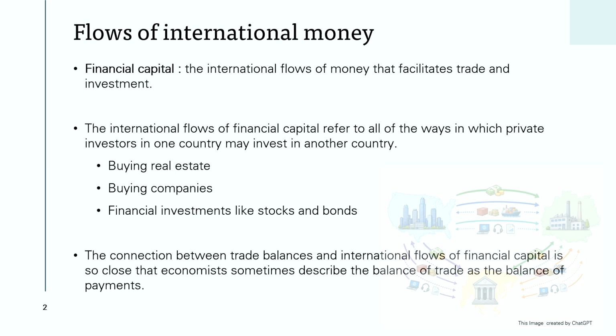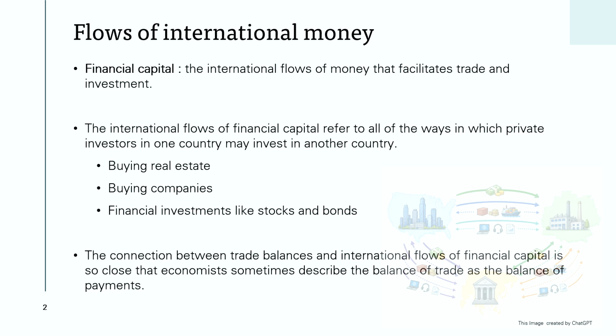International financial capital flows occur whenever investors in one country place their money into another country. There are several ways this can happen. One example is purchasing real estate abroad. For example, an investor from Canada may purchase an apartment building in the United States.